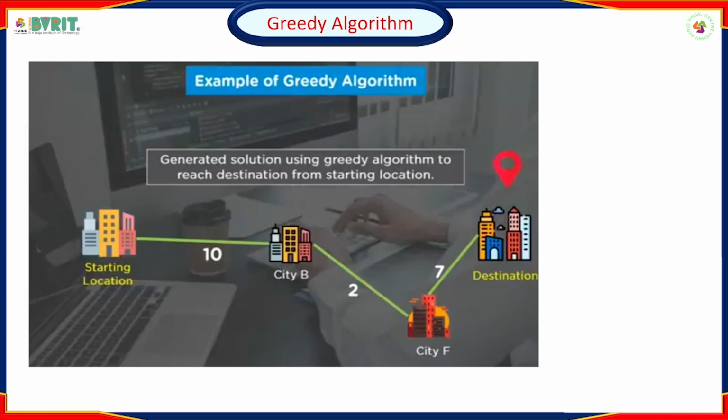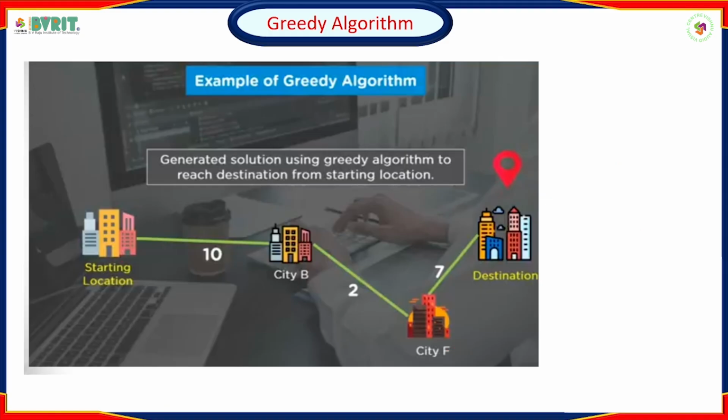Finally, the solution generated by the greedy technique is like this. From source to destination, the path is source to city B, then city B to city F, and then the destination. The distance is 10 plus 2 plus 7, that is 19.